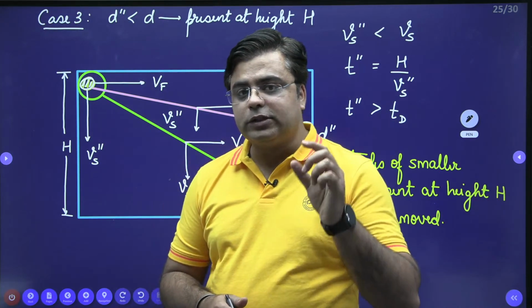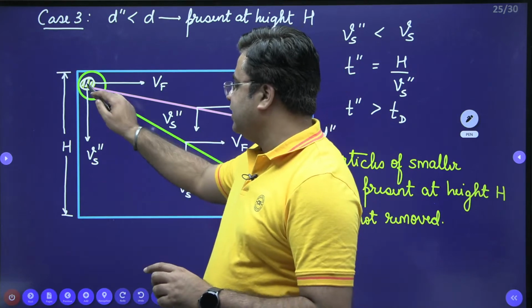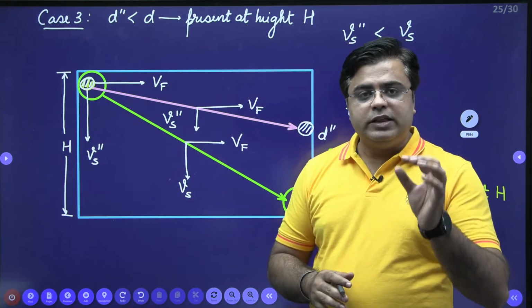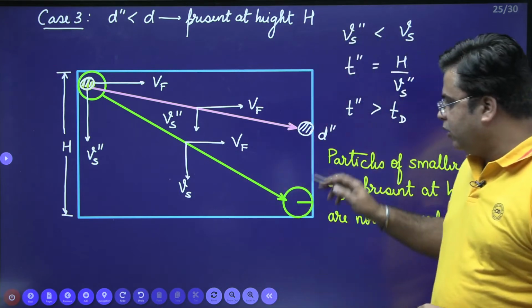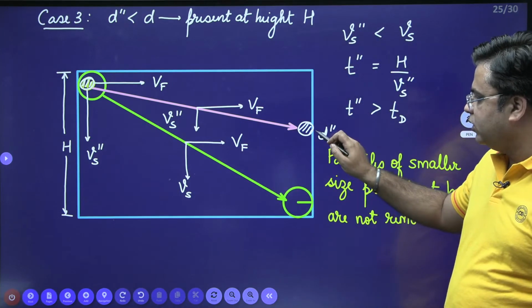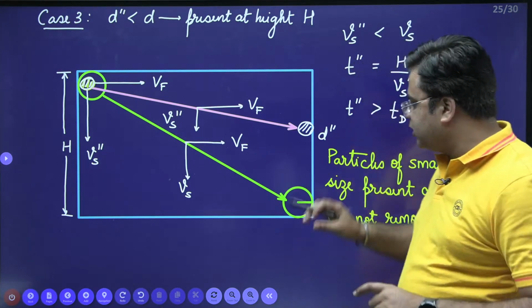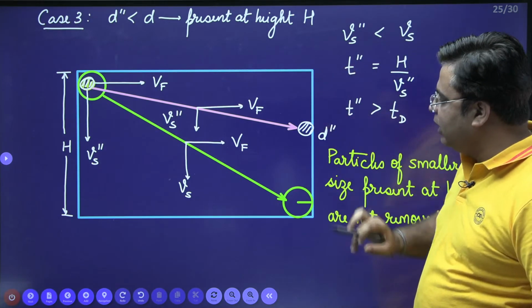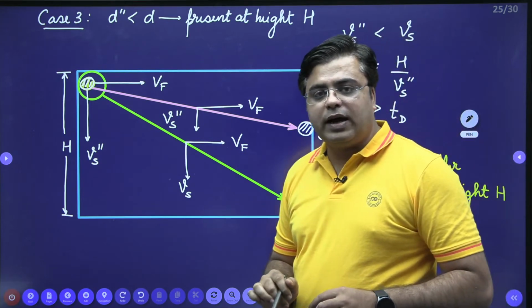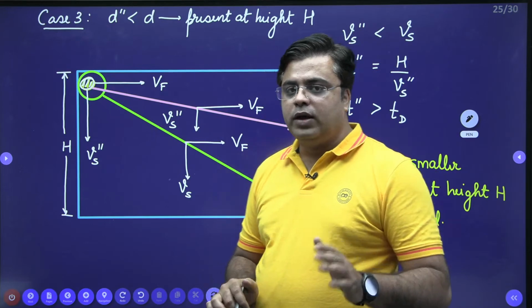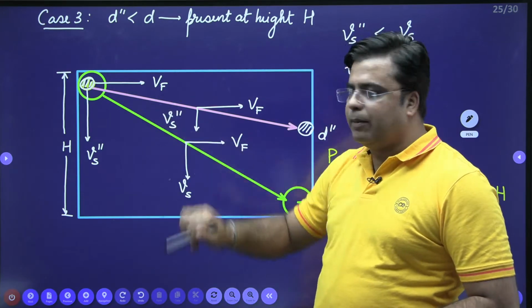Third is the smaller size of particle present at height capital H. In the available time Td, these smaller particles are not reaching the bottom of the settling zone. They are only covering this much height in the available time Td. That's why these smaller particles present at height capital H are not considered to be removed.